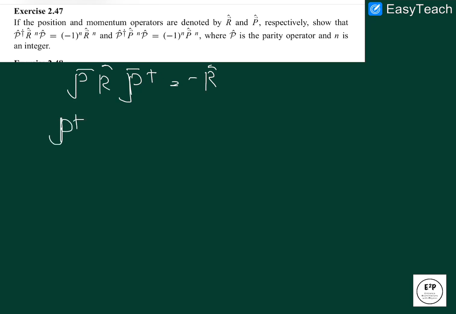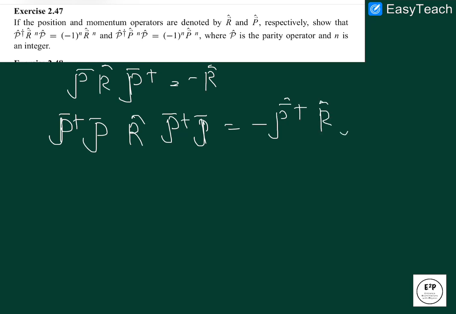We will have P dagger P r cap P dagger P equals minus P dagger r cap P. P dagger P is the identity operator, and this is also an identity operator, so we are left with minus r cap.